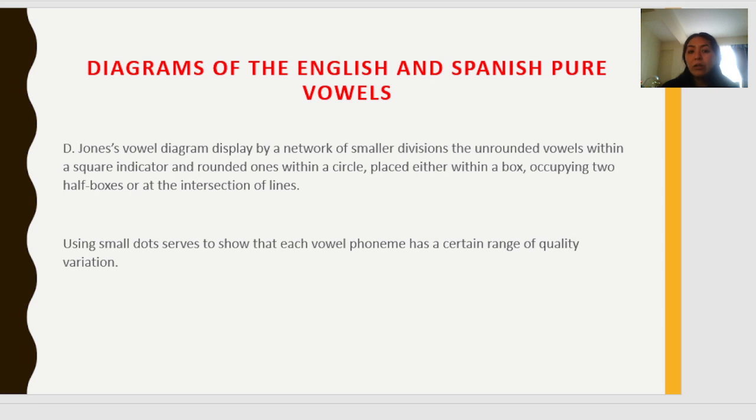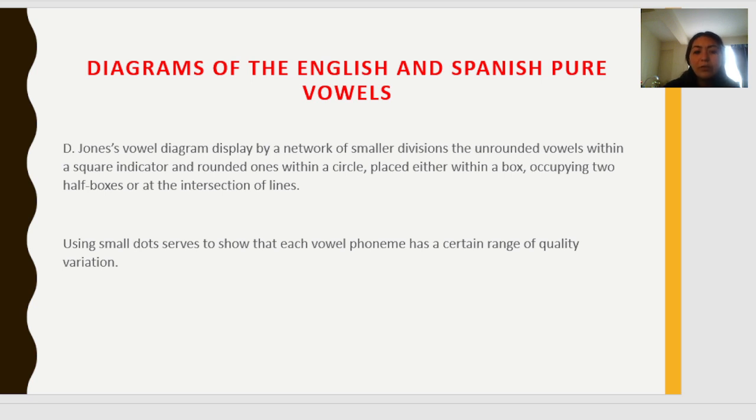Diagrams of the English and Spanish pure vowels. The Jones vowel diagram is displayed by a network of smaller divisions, the unrounded vowels within a square indicator and rounded ones within a circle, placed either within a box, occupying two half boxes, or at the intersection of lines.